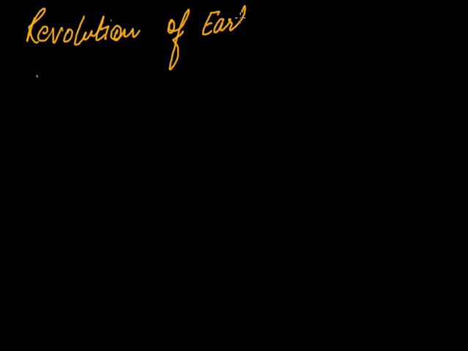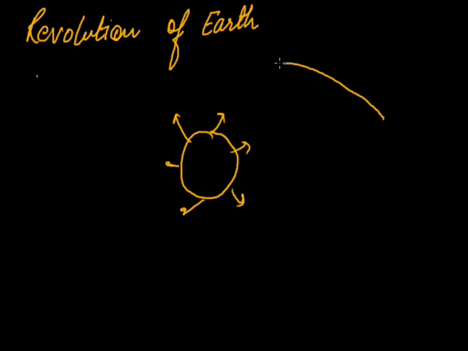Now we will discuss a different motion, that is the revolution of Earth. When we talk about revolution, this motion of our planet is around the Sun. This is our Sun, and this is our Earth's orbit around the Sun.